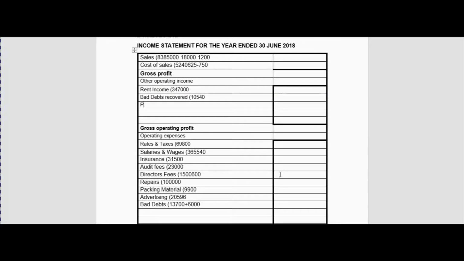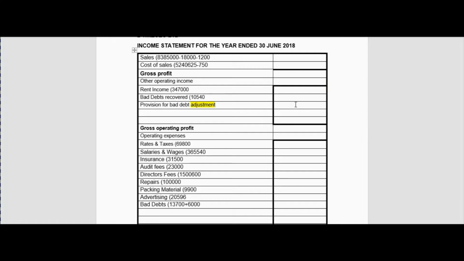I'll put in provision for bad debt. But important, it is not the provision itself, it is the adjustment to that. So it's provision for the bad debt adjustment. It is very important that I indicate that it is the adjustment. If I only put in the provision for bad debt, it means provision for bad debt is a negative asset. It should go onto the balance sheet, not the income statement.